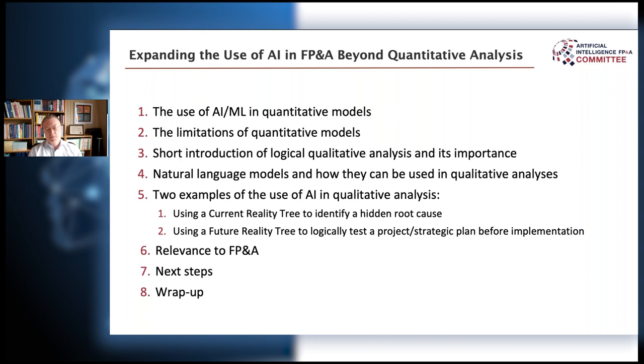I'll start by just a very brief discussion of what we've had so far with the quantitative models and the limitations of those. Then I'll give a short introduction of what logical qualitative analysis is, and then go into some examples showing how we can use AI to support us in building qualitative analysis.